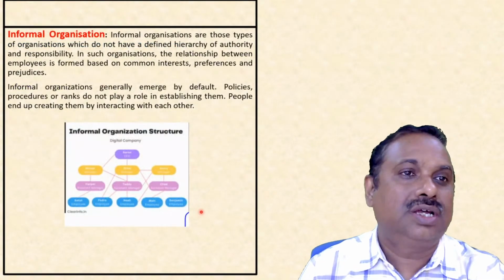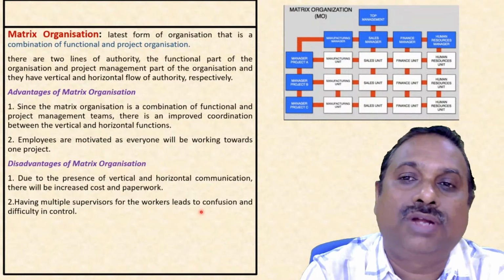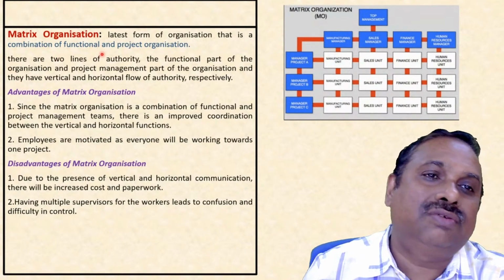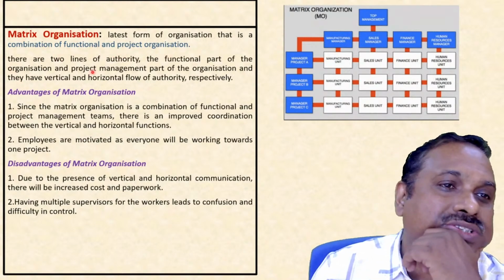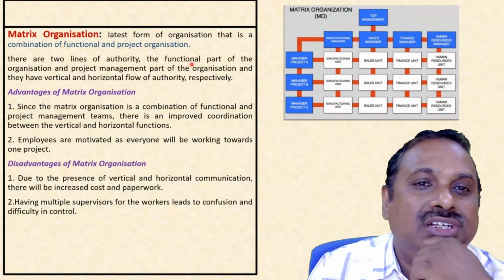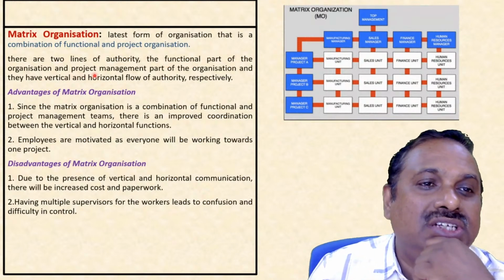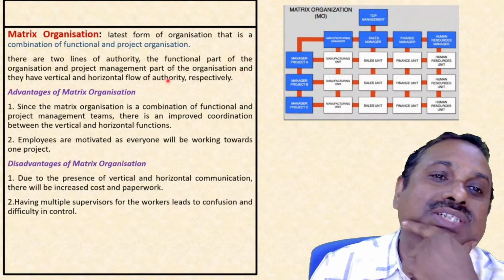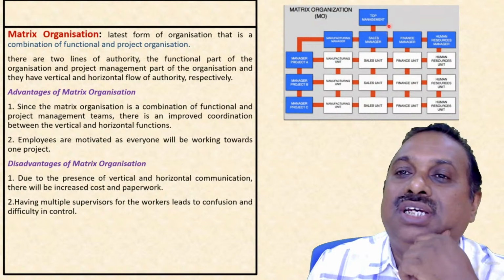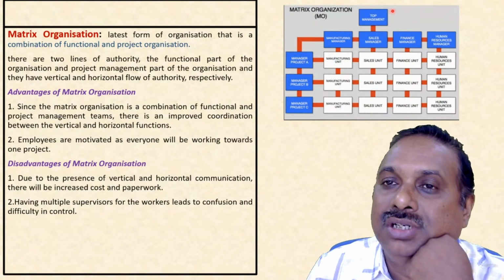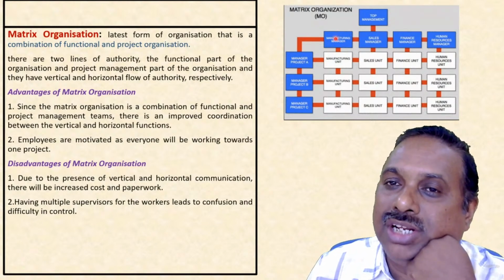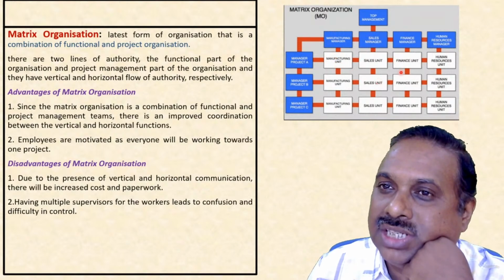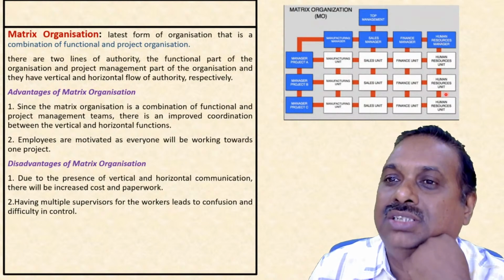The last one is matrix organizations under formal organizations. So here, this is a combination of functional and project organizations. There are two lines of authority, the functional part of the organization and the project management part of the organization, and they have vertical and horizontal flow of authority. See here, this is top management. Under top management, you have different functional areas: manufacturing manager, sales manager, finance manager, HR manager.